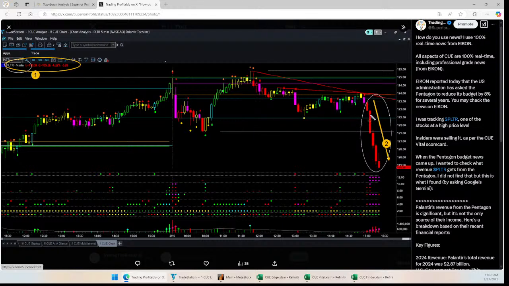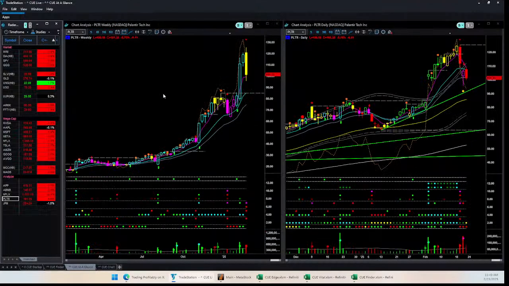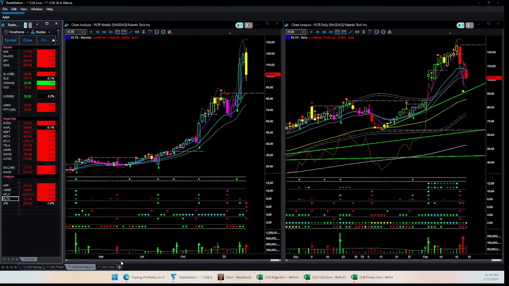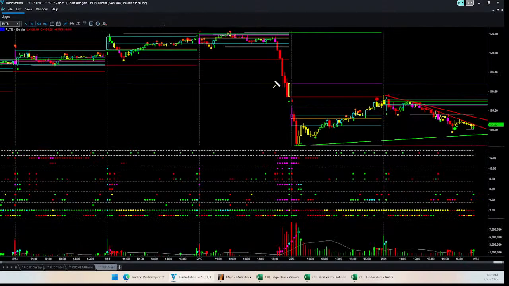This is a 5-minute chart, so I was not able to short it here. I shorted it around here. It kept on falling, and let's look at the daily chart now, or intraday for the last few days. I could short it somewhere here, then it continued to fall.